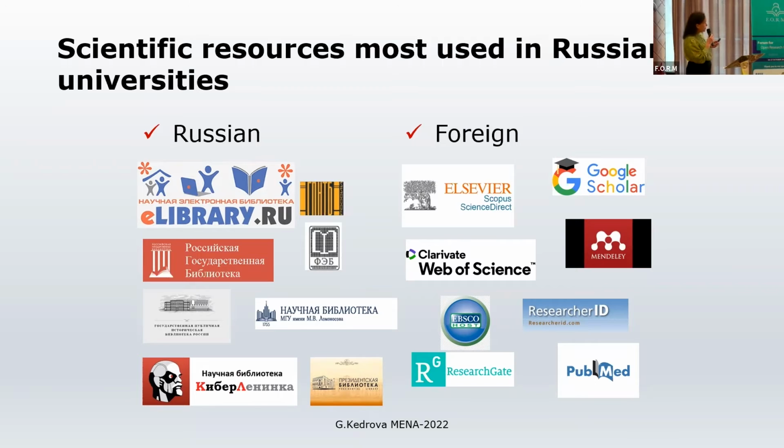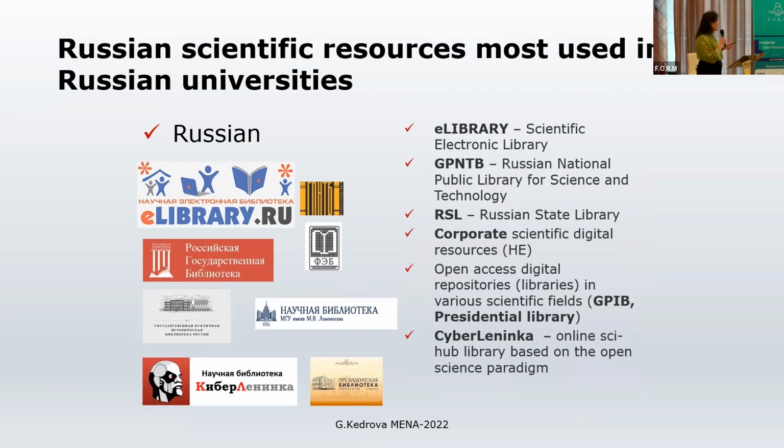Most of those foreign resources are available at the Russian universities. The Russian resources are open access resources. They are available everywhere. Russian open access resources for research are of various kinds.